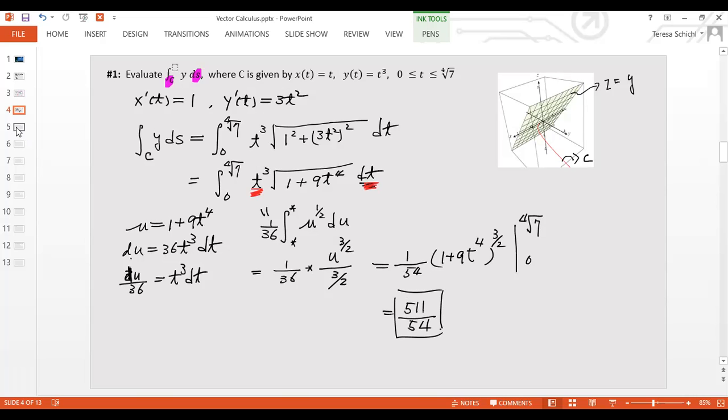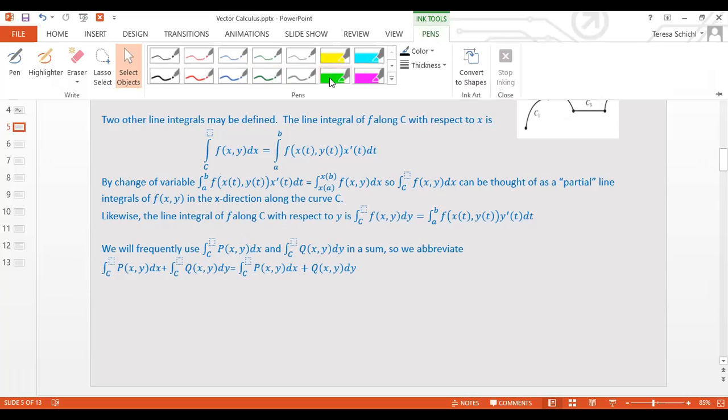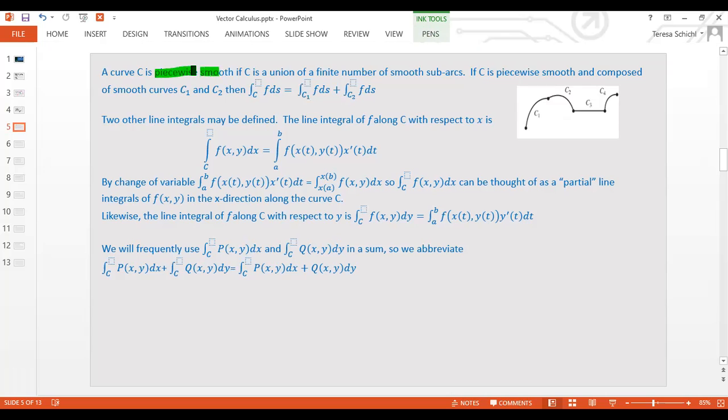Okay, so now let's take a look at the next thing here. It tells you, let's say C is piecewise smooth. That means you can break C into several different curves. Like C1 is smooth, C2 is smooth, C3 is smooth, C4 is smooth.